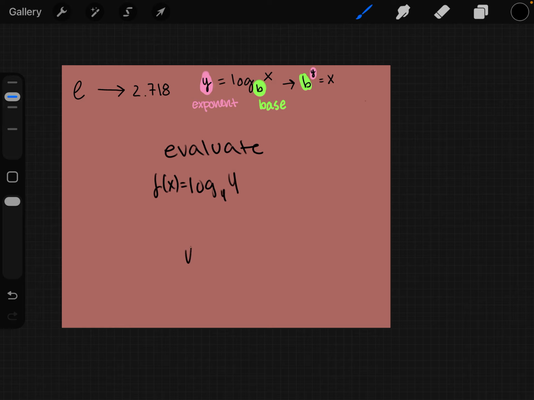Alright, base 4. It is 1. Not much to explain with these. You just have to do them, and that's how you learn them.